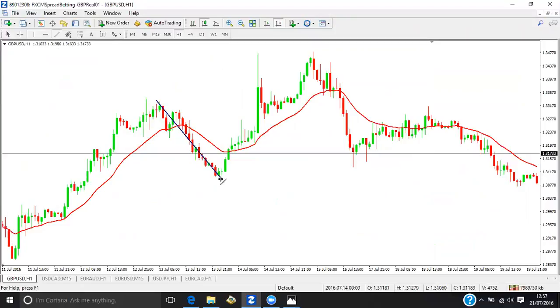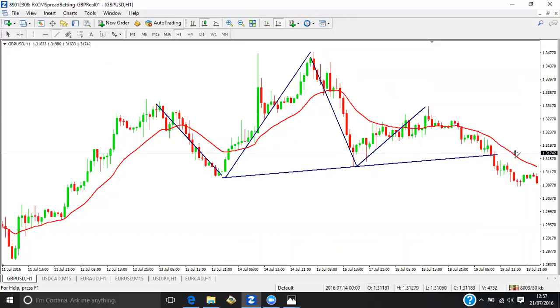So you've got your low, your high, your low, your high. So how people would trade this is you would go from the neckline there.